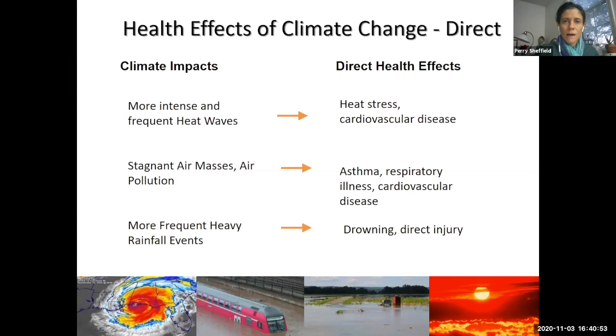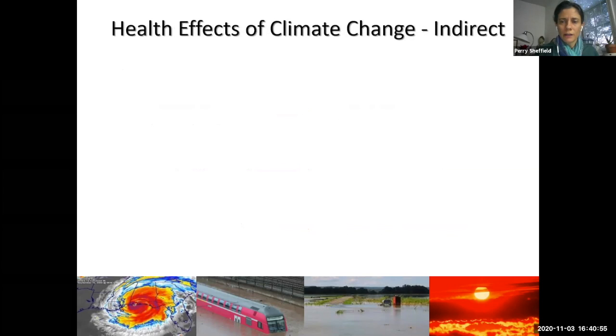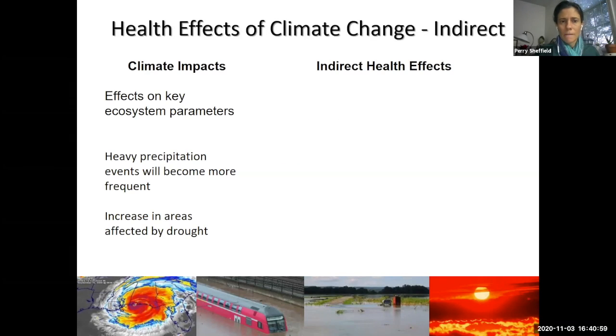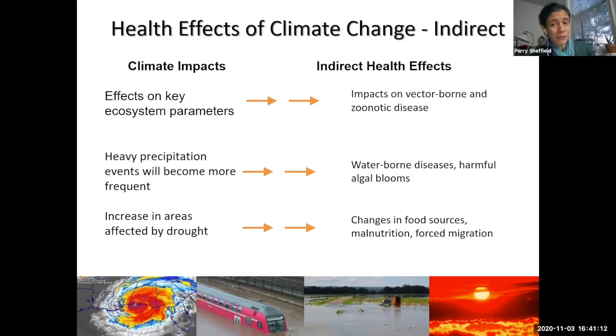Exactly. But then there's this other area of indirect effects, which happen through a couple of steps. Those could be more conceptual, like we talked about effects on upstream key ecosystem parameters, which might change vector-borne disease or zoonotic disease, that balance in the ecosystem, and whether those critters are starting to live at different altitudes or in different geographic areas that then expose humans more.